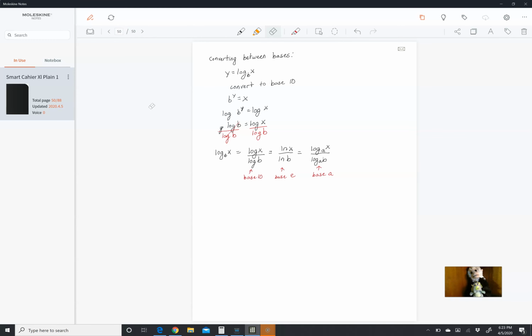So our first step was to convert to exponential form. Then we took the log of both sides.